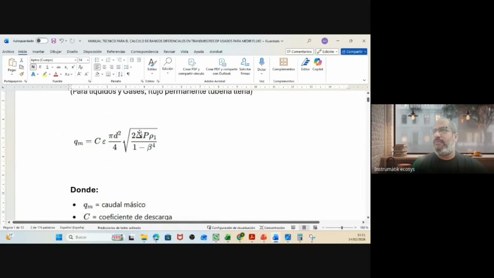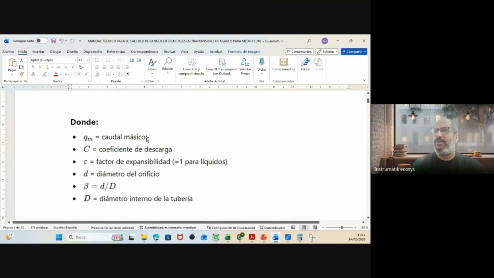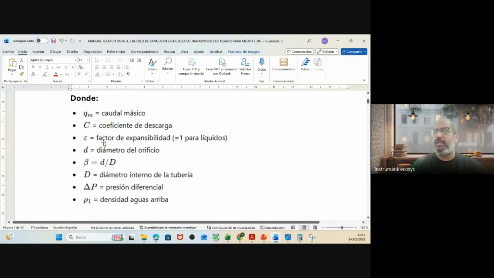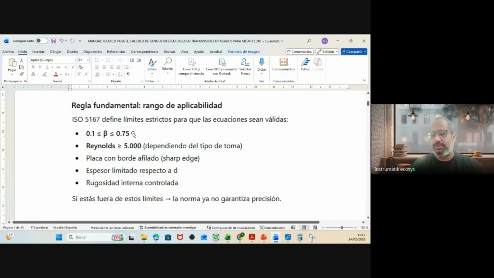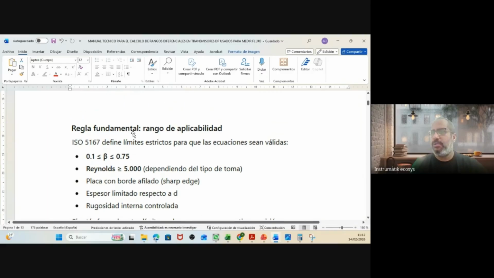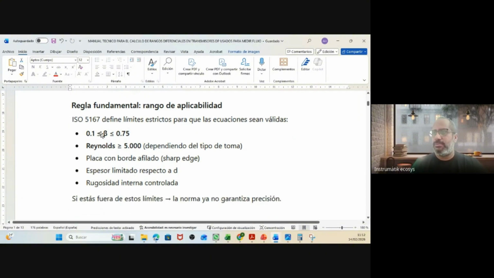Once you have this formula and you understand each one of these parameters, then you have to understand some fundamental rules of ISO for the calculation to be valid. The beta ratio must be between 0.1 and 0.75.